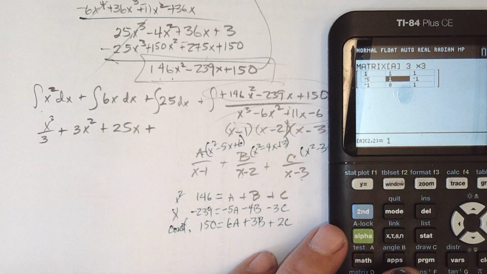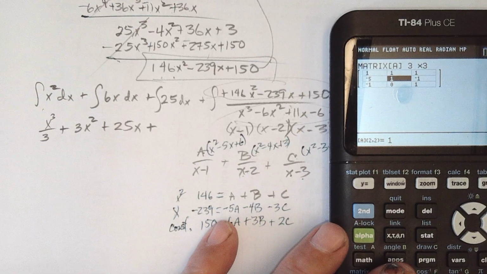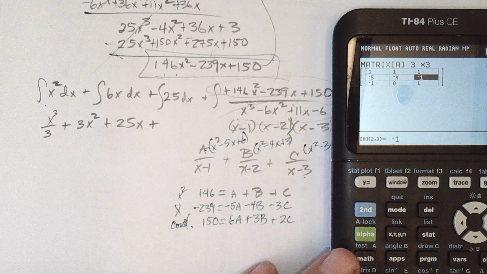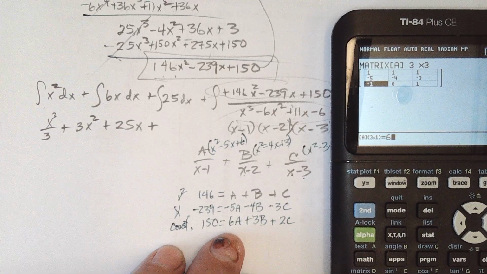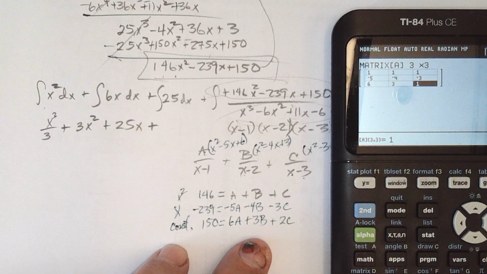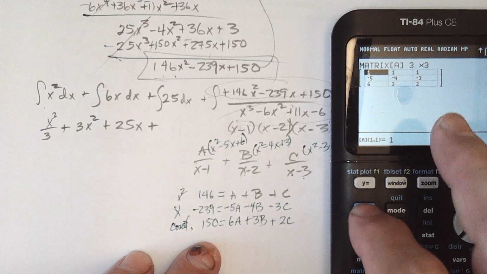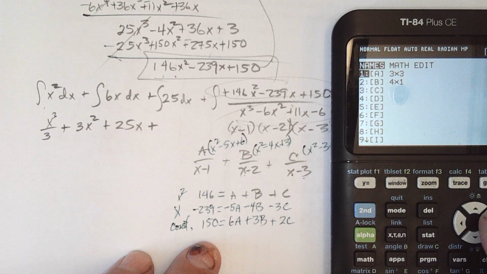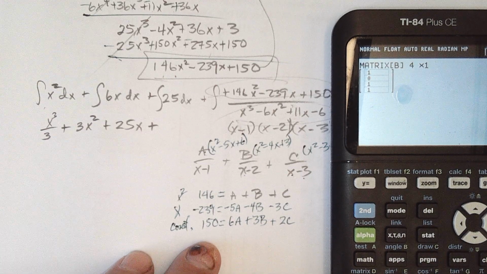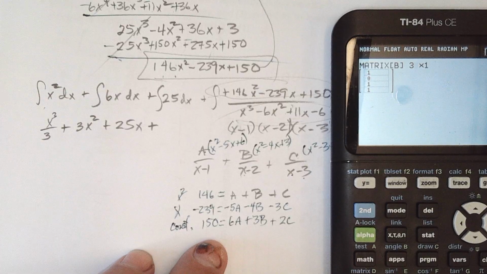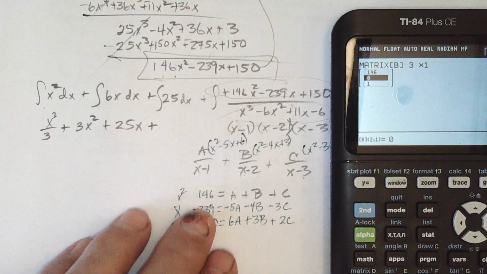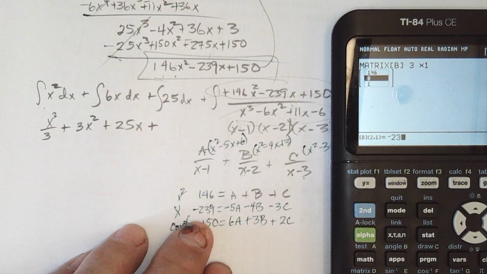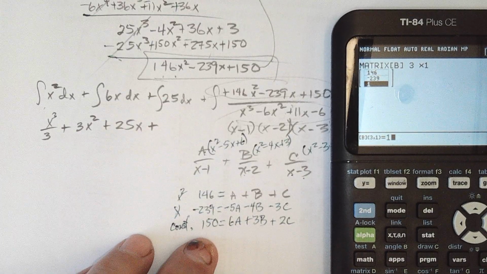Negative 5, negative 4, negative 3, 6, 3, 2. Second matrix, edit, B, it's going to be a 3 by 1, and I'm going to put in 146, negative 239, and 150.